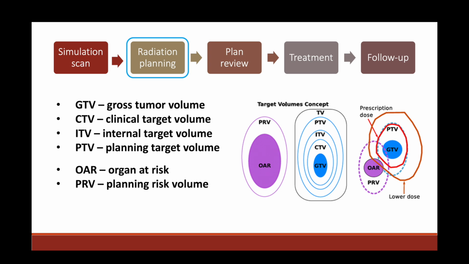But we often use this when we're delivering a very high dose per fraction, or our target volume is very, very close to a critical structure like the stomach or the duodenum or something like that. And we really want to take all the extra precautions to protect that organ at risk. That's when we'll draw the PRV, or the planning risk volume. But hopefully this gives a good overview of our target volumes and our organs at risk, and what we're thinking about as we do these contours.